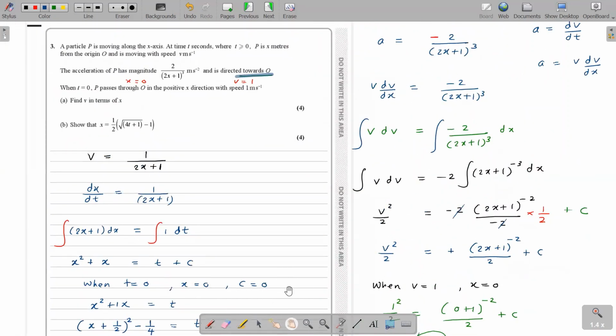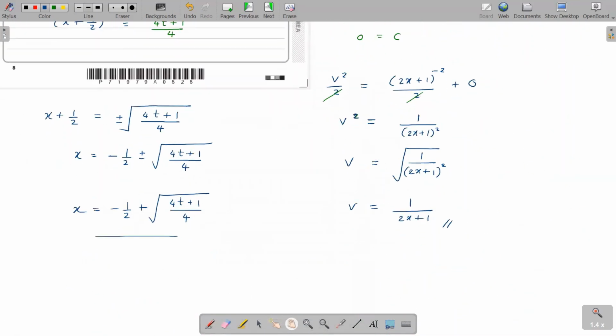So to get the show that, what should we do? x equals minus half plus, separate the root: root of 4t plus 1 over root 4. Root 4 is 2, right? Because you can separate the root up and down. And then they have taken the half out. Am I correct?